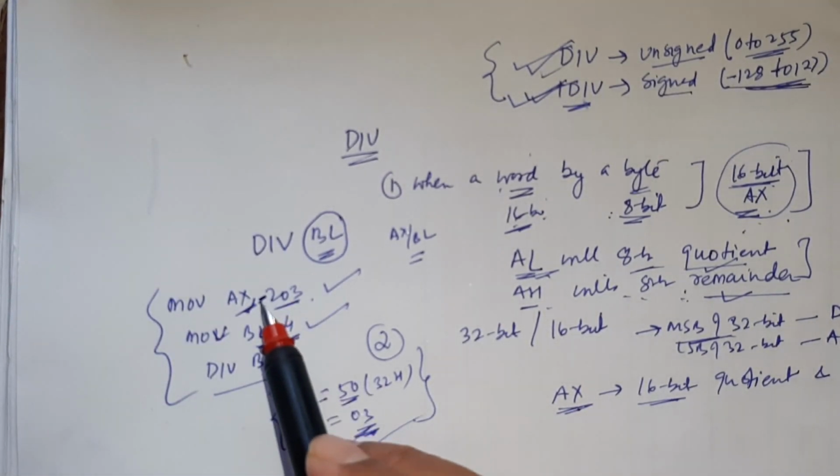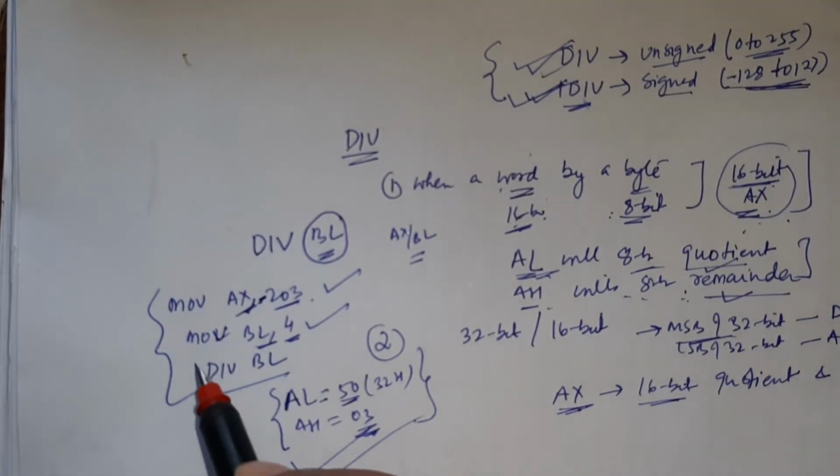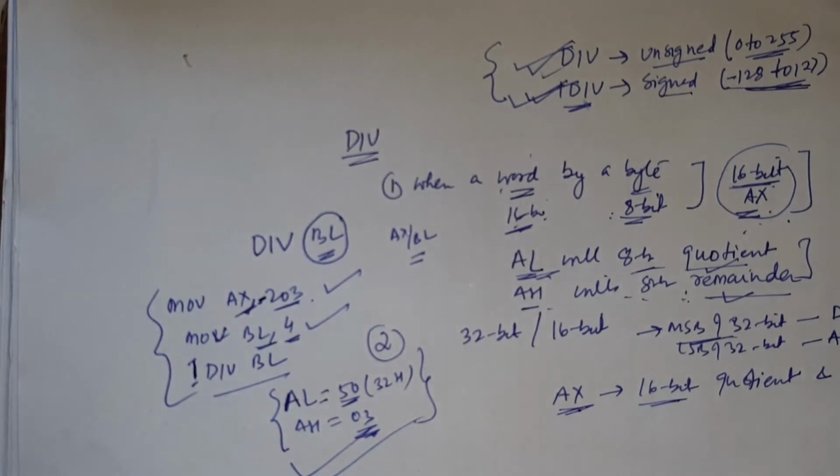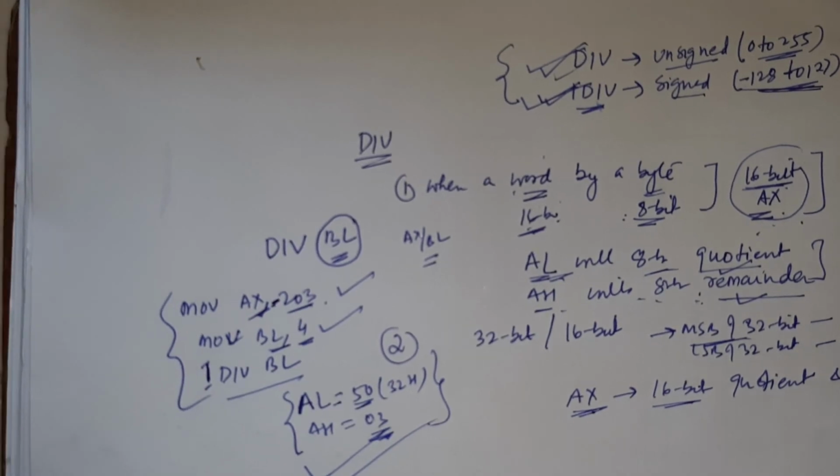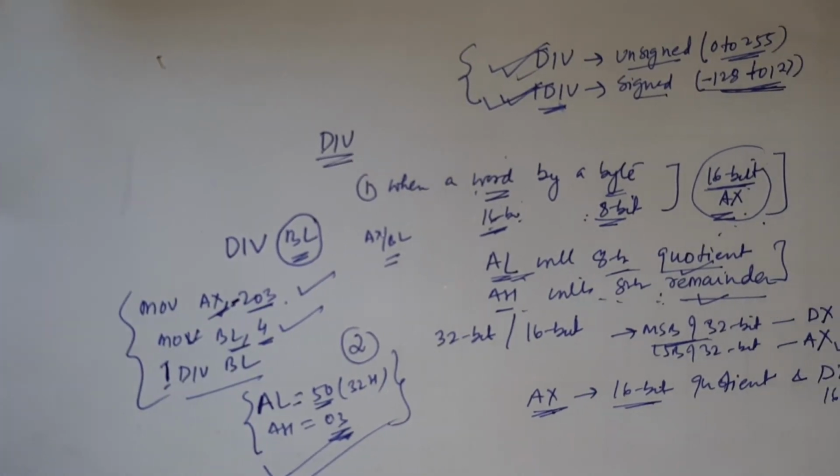If this is a signed number, then we have to use IDIV. This is the only difference between DIV and IDIV. As I already told you, the DIV instruction is used for unsigned division and IDIV for signed division. So the only difference is the sign and nothing else, and these two rules are applicable for both DIV and IDIV.